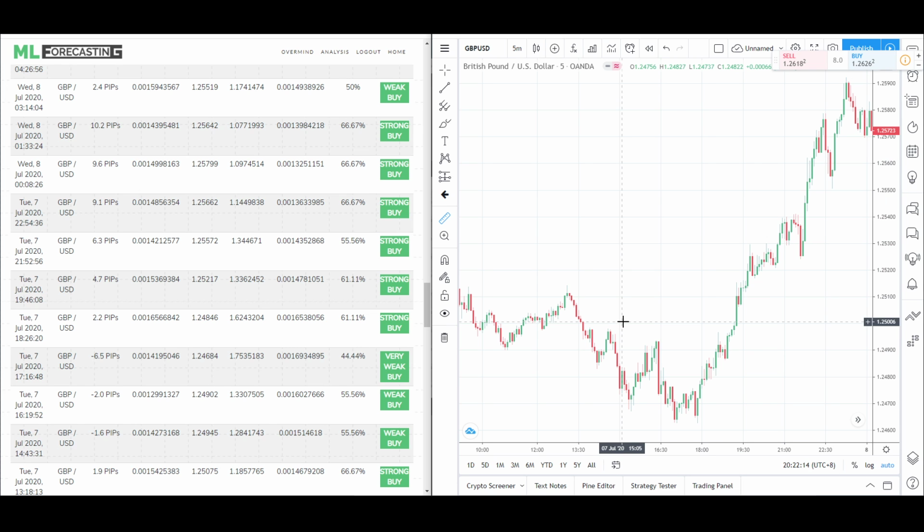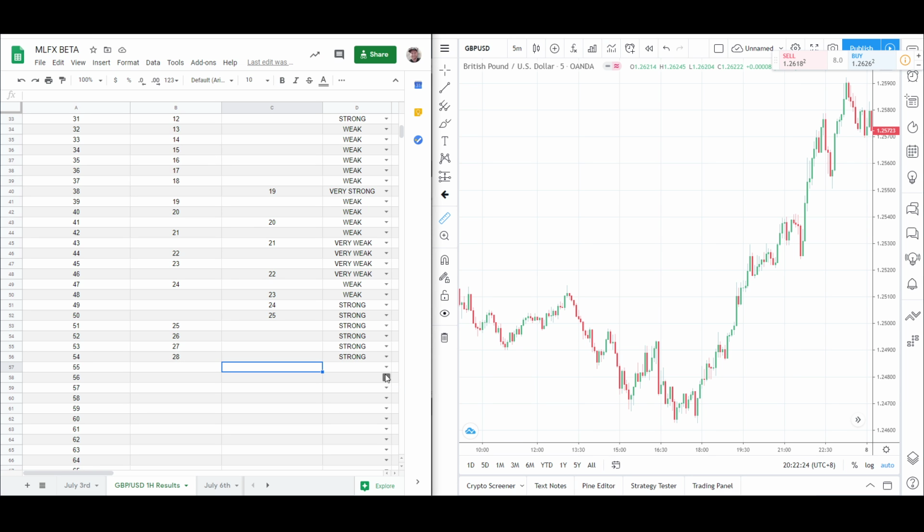Okay, 1, 2, 3, 4, 5, 6. Cool. Got results for all of those. So the last trade we took was 1826. Let me remember that. It is strong, weak, and the rest were all strong buys.